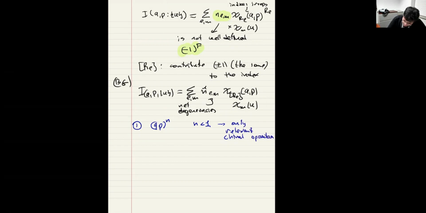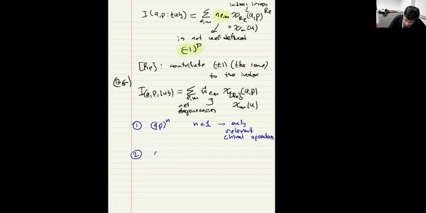Okay, so the only elements in the equivalence class which would contribute at this order are relevant chiral operators. So you can cleanly extract relevant operators from the index.